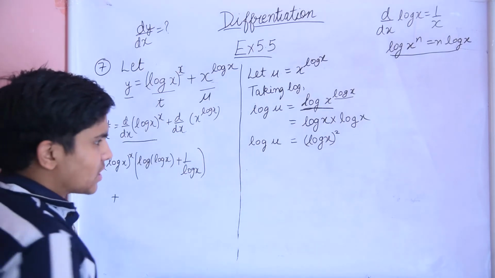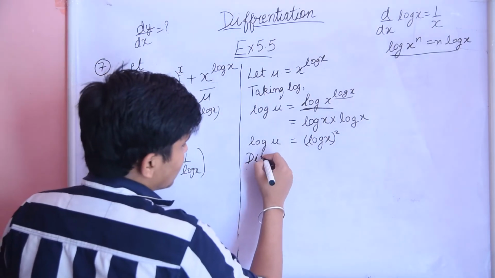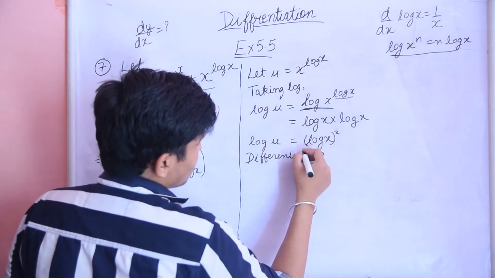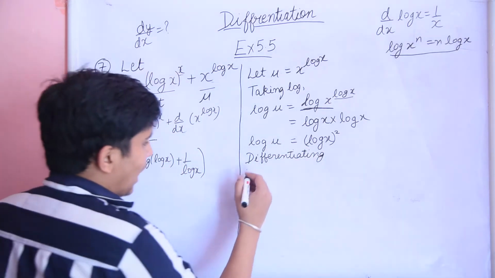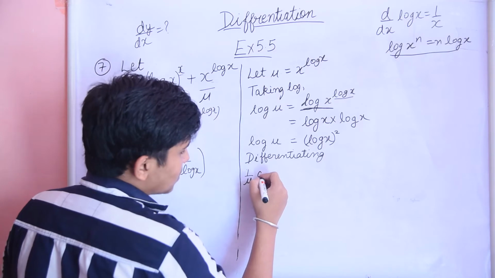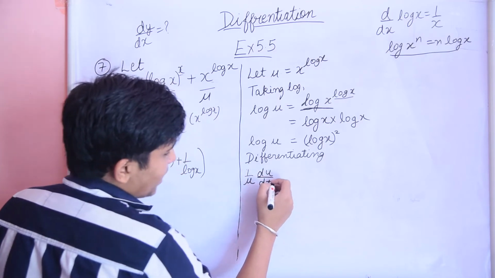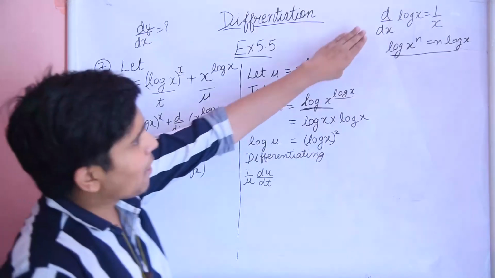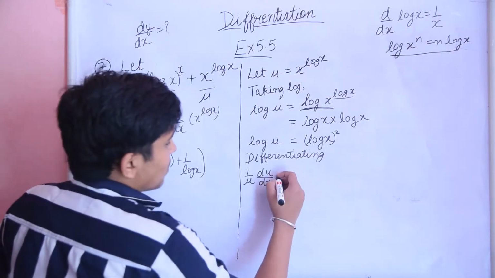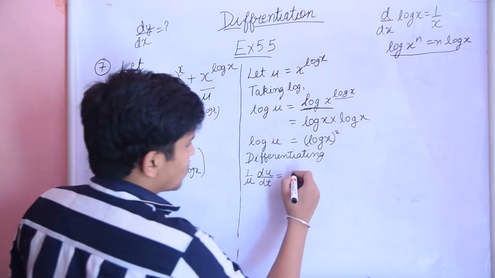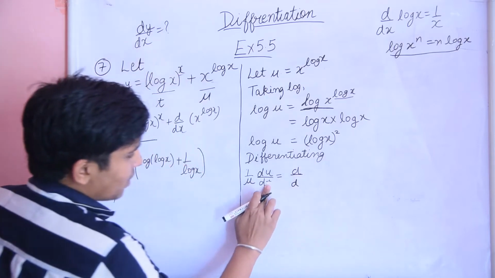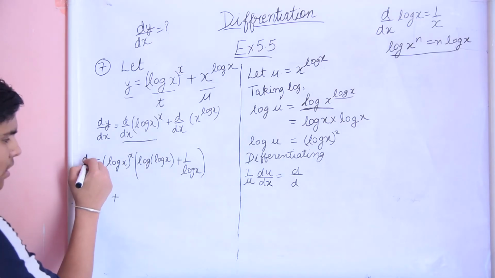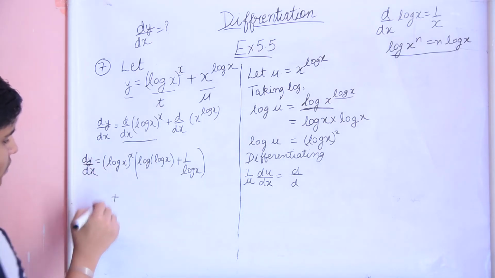So performing the differentiation step here, differentiating both sides with respect to x, the differentiation of log u is 1 upon u du by dx by this formula, because we have to calculate the differentiation of the y function with respect to x.